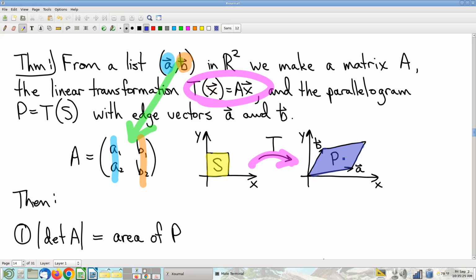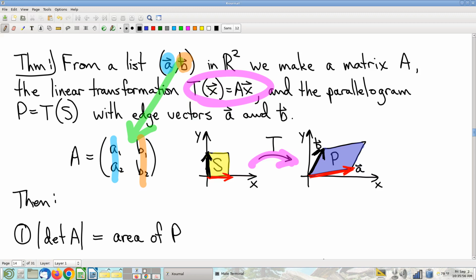Well, the columns of the matrix are A and B. And they are the images of the standard basis vectors, and so therefore, the image of E1 is, in fact, A. It's that first vector A. And the image of E2 is B.